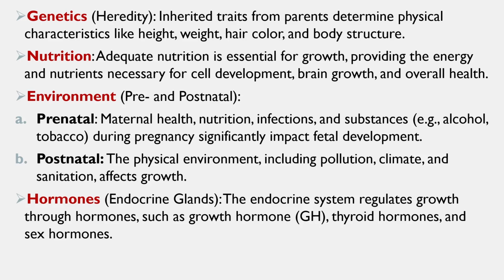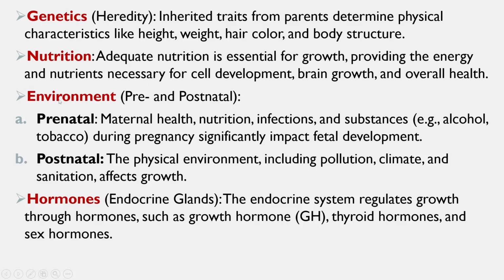And so genetics or genes provide the basic blueprint for development. And next is nutrition. Nutrition provides energy for physical growth, brain development, overall health. Poor nutrition can lead to delayed growth and learning difficulties. So it is very much important.